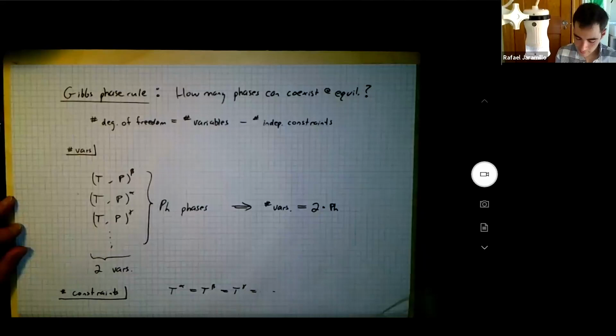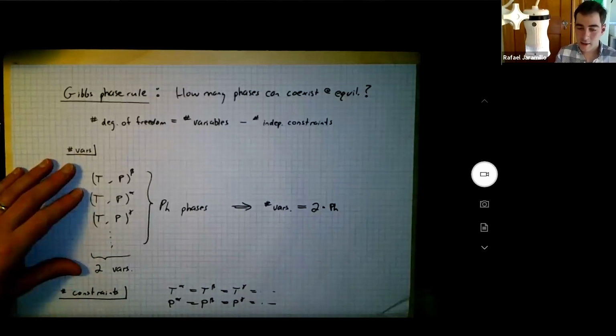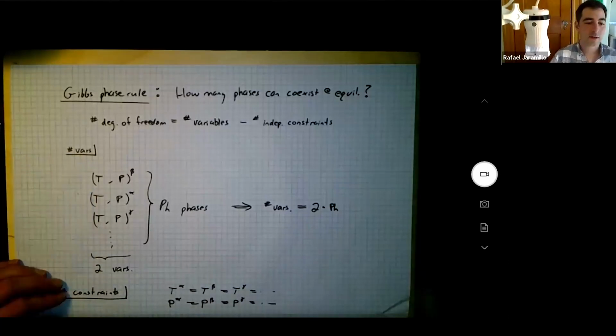And for example, P of alpha equals P of beta equals P of gamma equals, and so forth. So I have my variables and I have my constraints. The variables come from counting. The constraints come from the equilibrium conditions, which we've already derived.